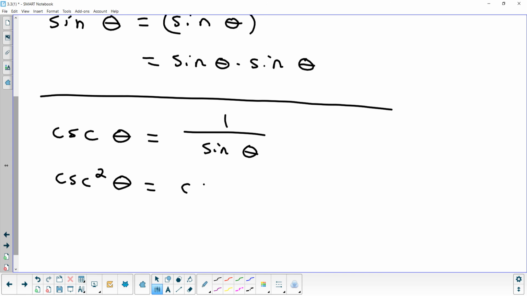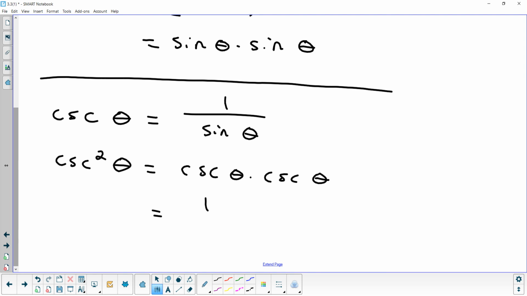Cosecant theta times cosecant theta. Now look up above. What trig function do you flip to get cosecant? Yep. Sine. So to get the first one, you would flip the sine, and to get the second one, you would flip the sine. So it's 1 over sine times another 1 over sine.